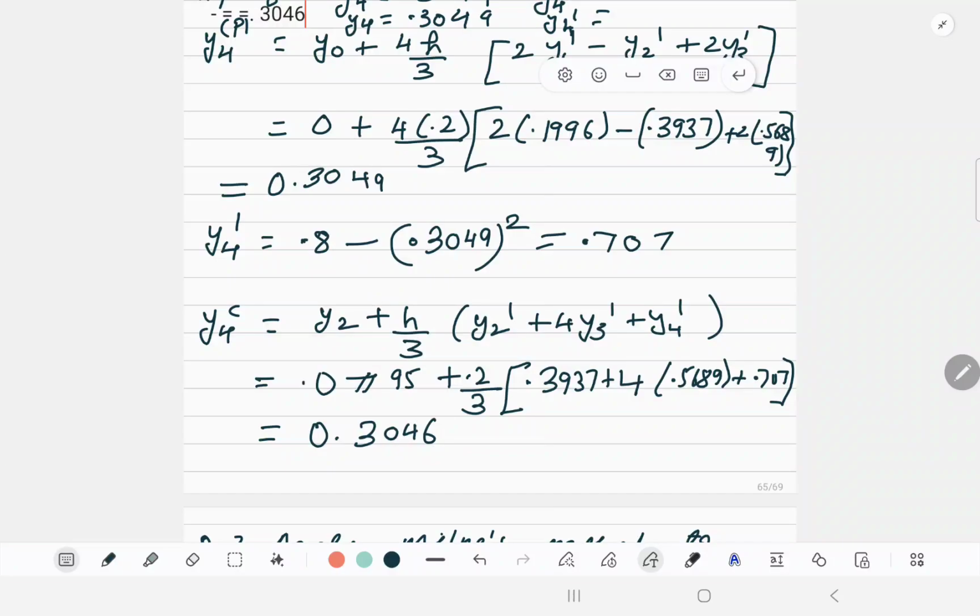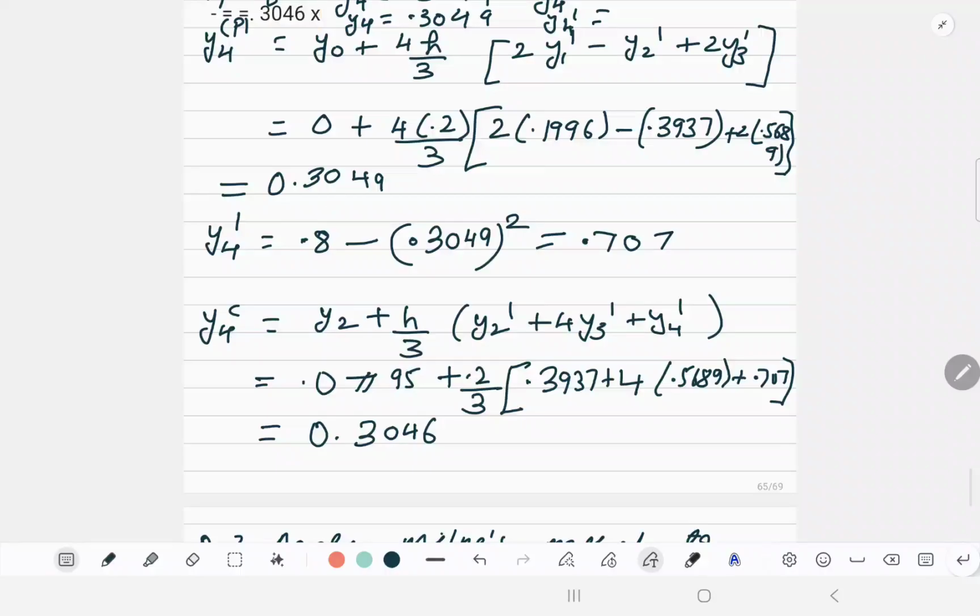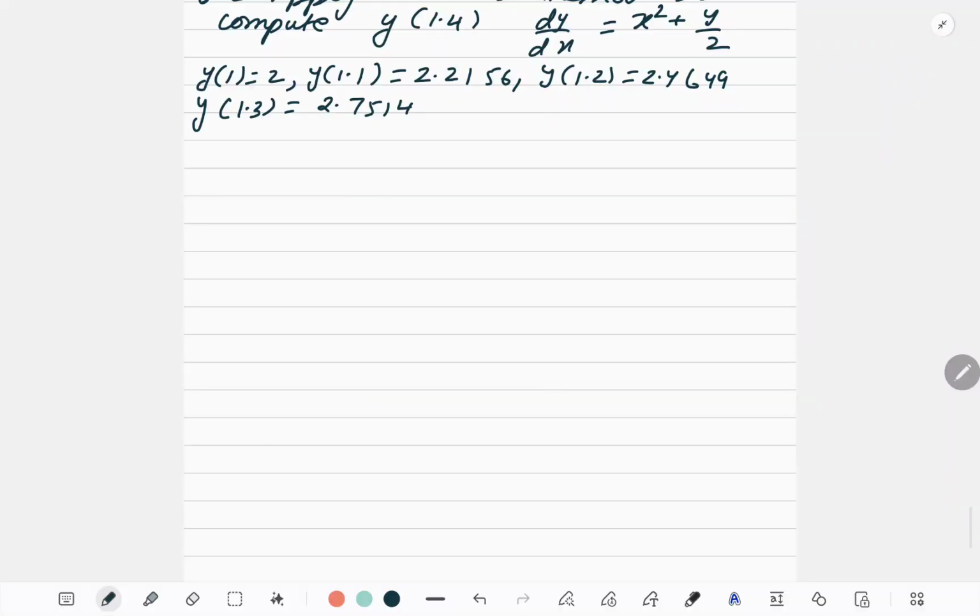Now let's try one more question. Apply Milne's method to compute y of 1.4. dy by dx is equal to x squared plus y by 2, and the values are given. So let's make the table. First x, here I am writing y, and here I will write y dash.